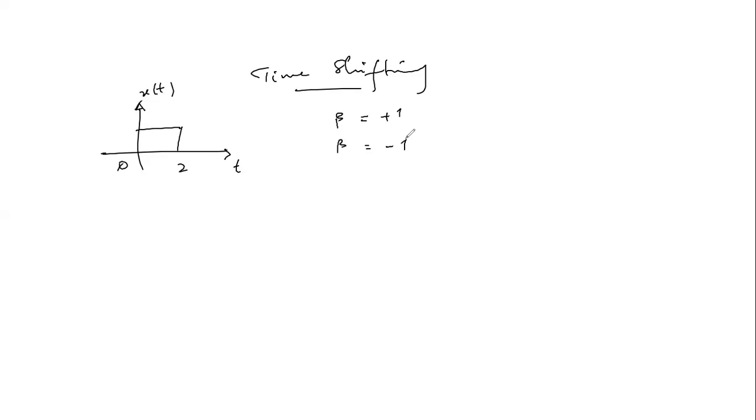So what are we going to get here? We know that S of t for beta being the same as +1 is going to give us time advance, right? So this is fed into a system for which beta is the same as +1. And then we get our output, which is the same as S of t plus 1. Is that clear, please?